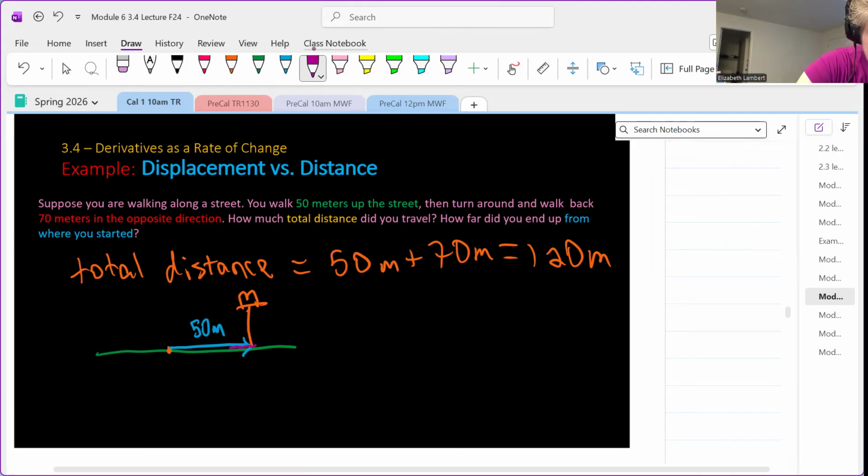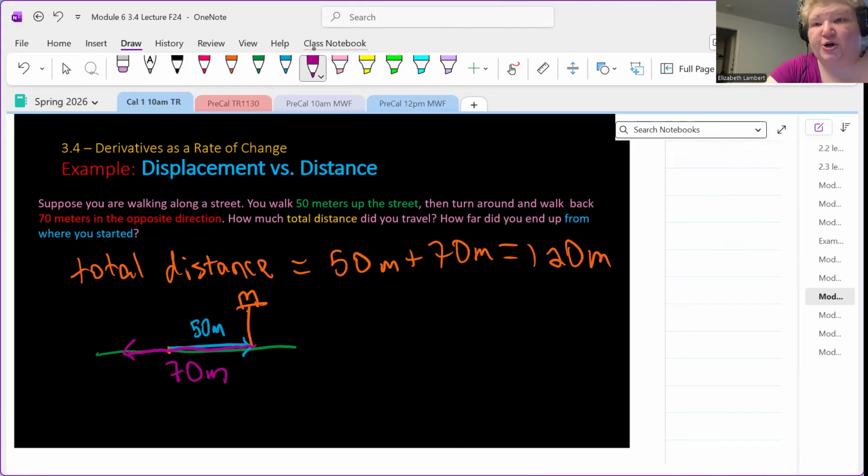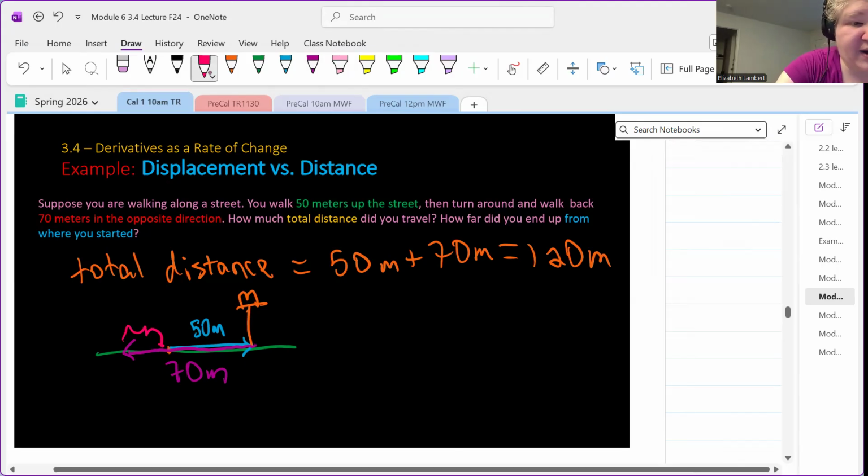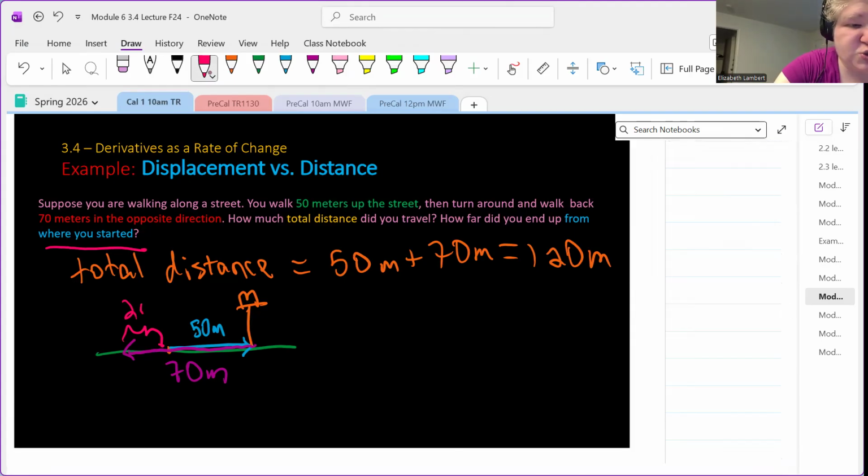So now I'm going to walk this way 70 meters. So how far am I from where I started? I went 50 meters right, and then I turned around and went 70 meters left. How far am I from where I started? I'm only 20 meters from my start.